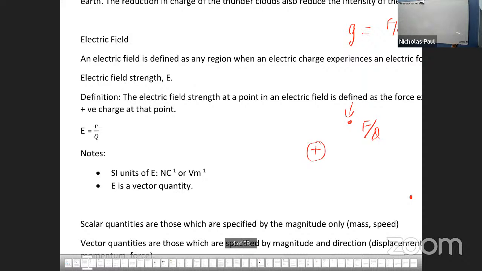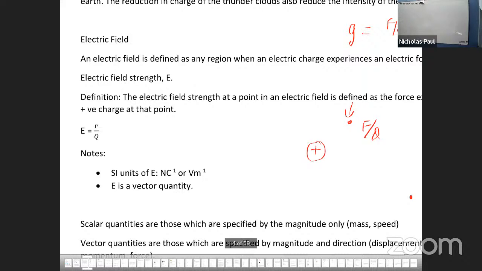If I throw a mass in a gravitational field, it follows a projectile path. If I throw an electric charge in an electric field, it'll also experience a parabolic path as well.